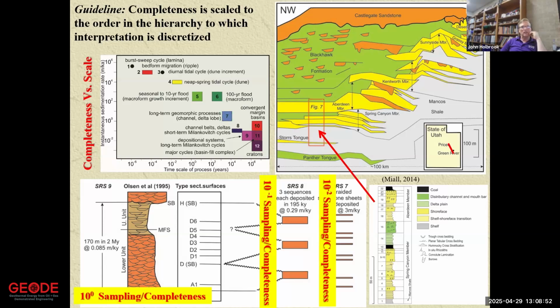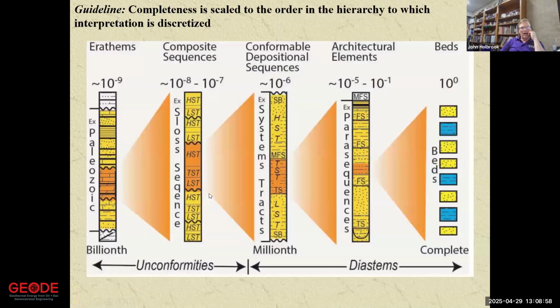Whatever you decided was a complete section, by definition is. But let's take it the other way. Here's something a little more practical. Consider an individual bed of rock, carbonate, siliciclastic, it doesn't matter, and say that bed, by definition, records continuous deposition.